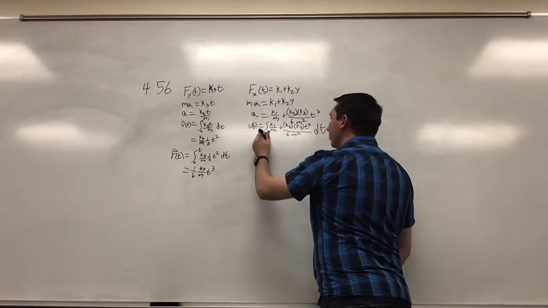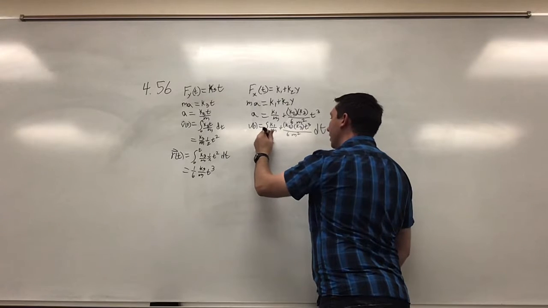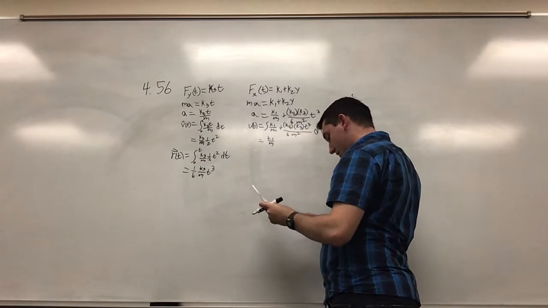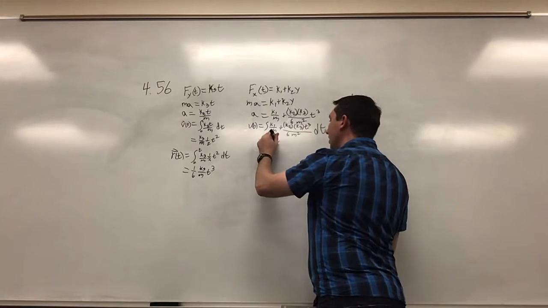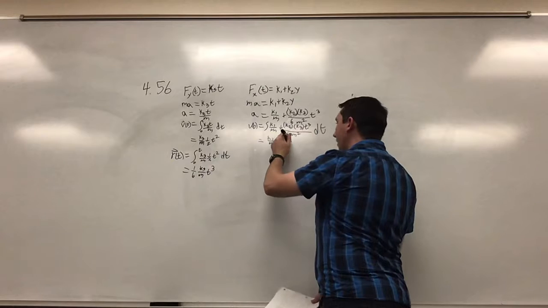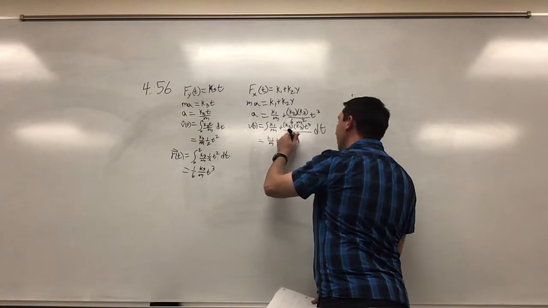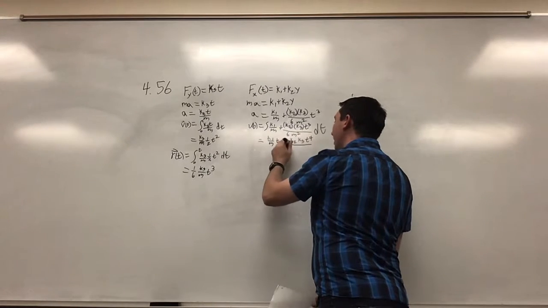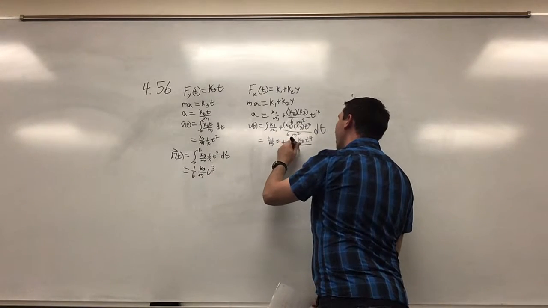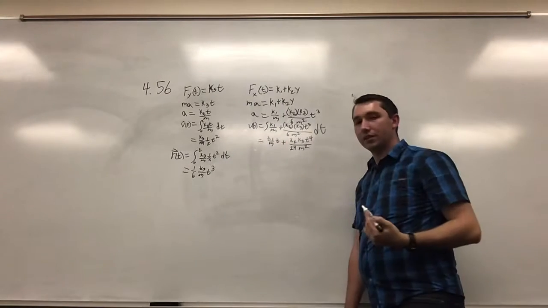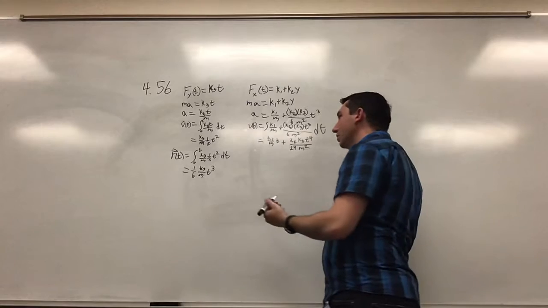When you do that, you come to the solution that k1 times t over m plus k2 times k3 times t to the fourth divided by 24m squared is our velocity component in the x direction.